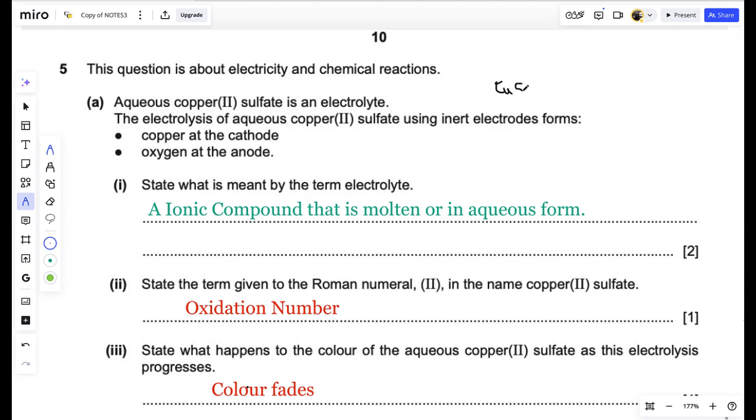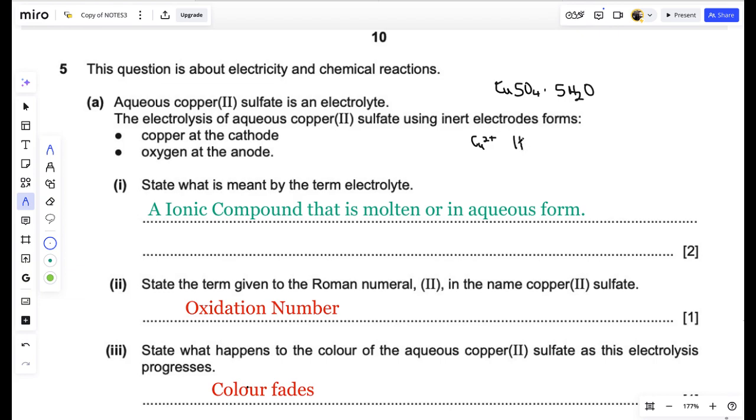So if you dissolve copper 2 sulfate in water, what are the ions that we're going to form? If it's aqueous, we will have the following ions. The positive ions first: copper ion, that's 2 plus, and hydrogen ion, because there is water.